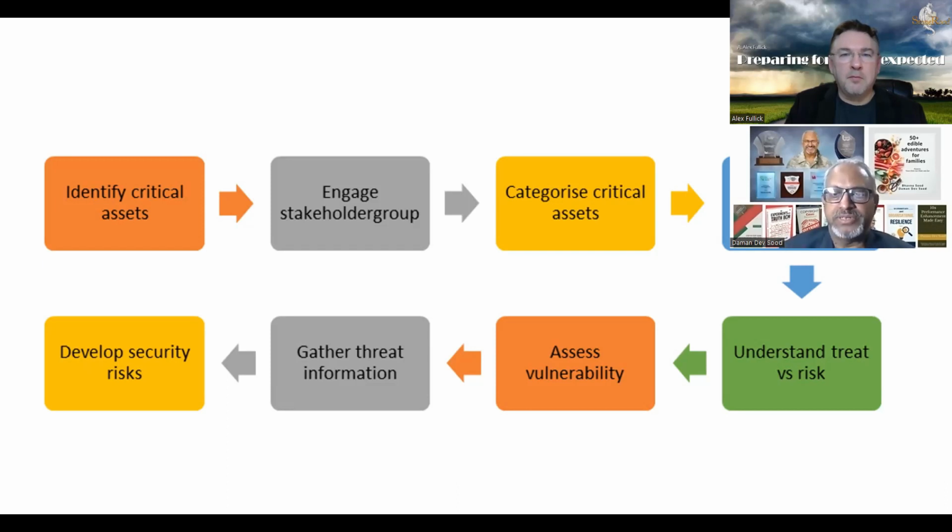Then identify various threats to the organization's critical assets, specifically focusing on insider risk in this module. So that is the topic that we have picked up for today's discussion. Understand threat versus risk, to be able to differentiate between threat and risk and how they inform the insider risk assessment.